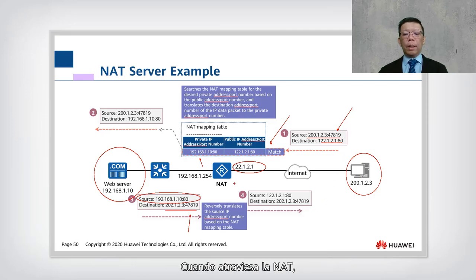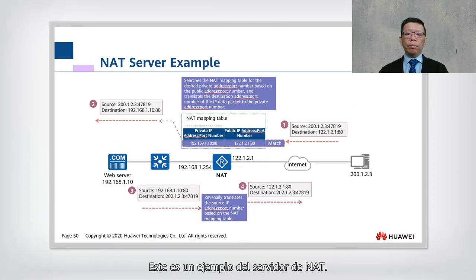When it goes through the NAT, the source 192.168.1.10 is translated to 122.1.2.1:80, and the data is received by the requester. So this is a NAT server example.